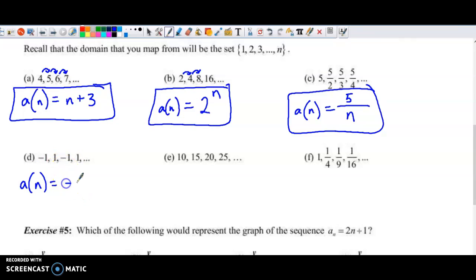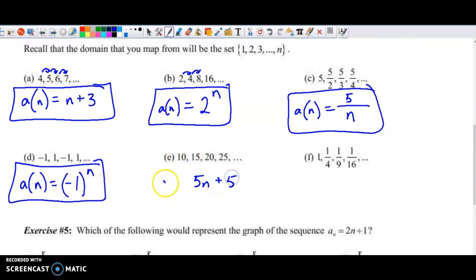This one, though, is going to be -1 to the nth power. And think about how we alternate signs with odd. If we have odd exponents, we get negatives. If we have even exponents, we get positives. This next one, I'm noticing a pattern that it's going up by 5s, but if I plug in 1 for n, that's not going to give me 10, so I better add 5 to that.